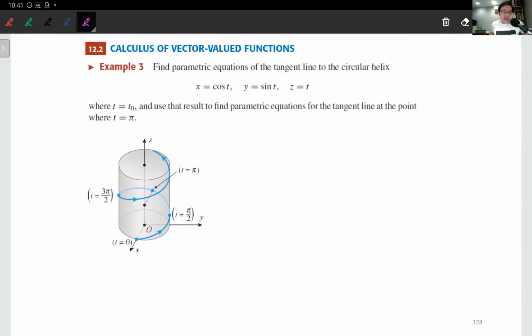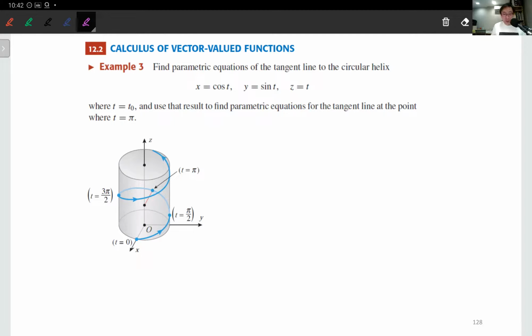All right, so now let's give it a shot. You are given parametric equations. Find the tangent line, which is a parametric equation of the tangent line to the circular helix. We have done the helical curve so many times today, and this is one more time.